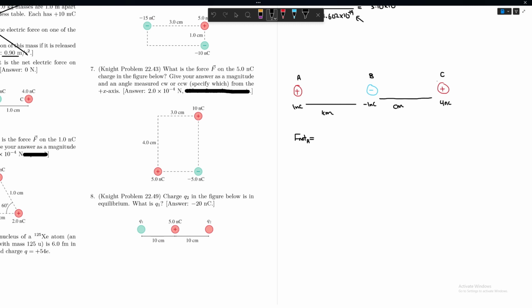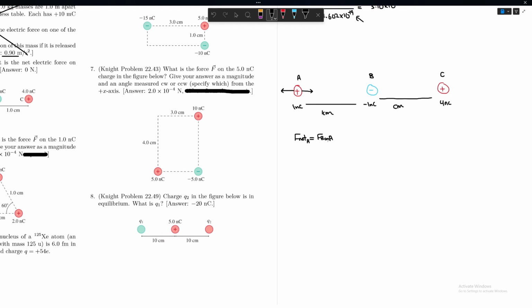We know that C will exert some force on A in the opposite direction because they're different charges. And we know B is going to cause some inward force on A because it's negative, right? Opposites attract. And so this is force B on A. Obviously they're in opposite directions, so you have to subtract one from the other.